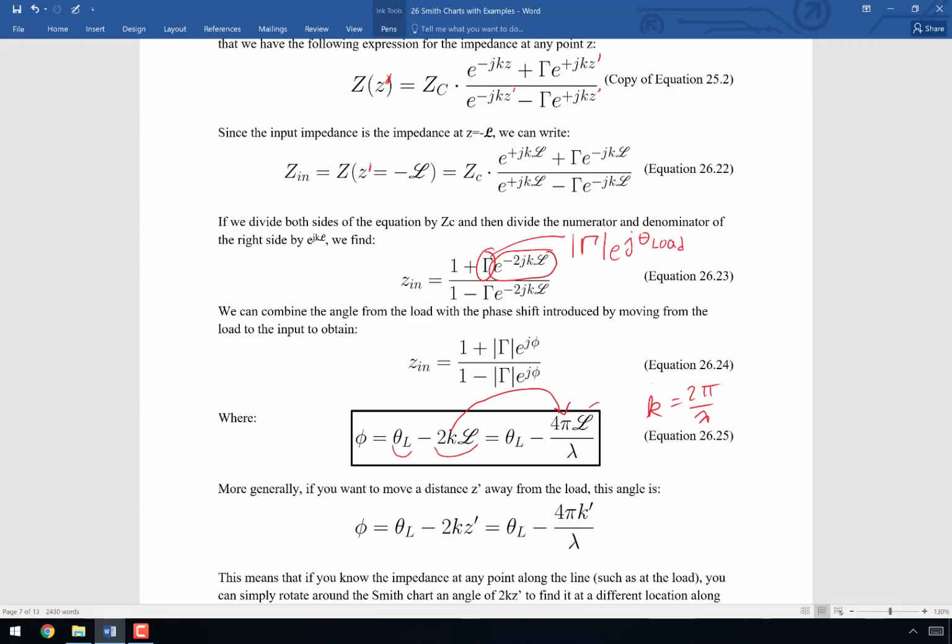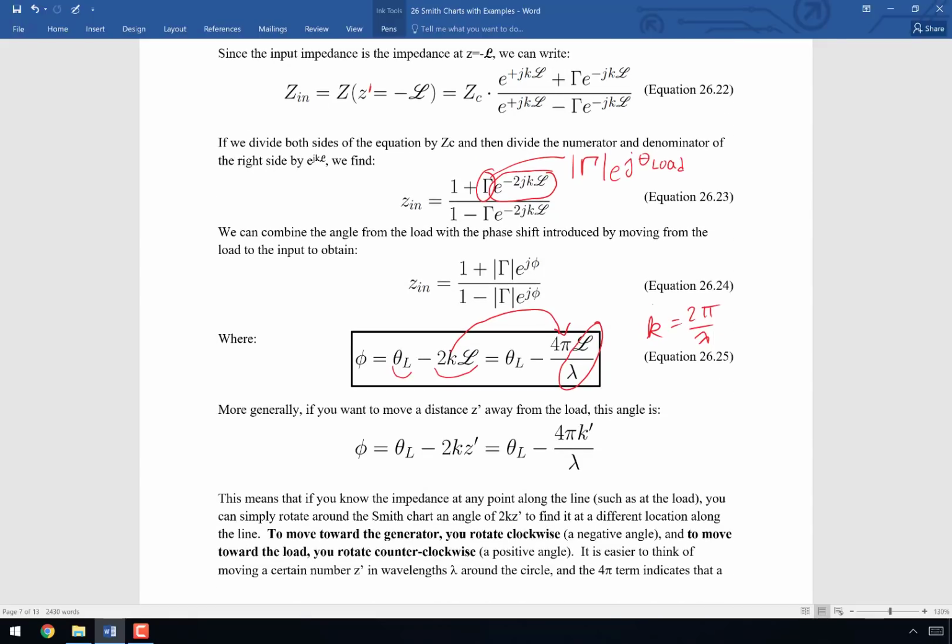So if we then take L divided by lambda as L measured in terms of how many wavelengths it is, then notice that the 4 pi there is indicating that when we have progressed by 1/2 of a wavelength, so when L over lambda equals 1/2, 0.5 times 4 pi is going to give us 2 pi, which is 1 complete revolution.